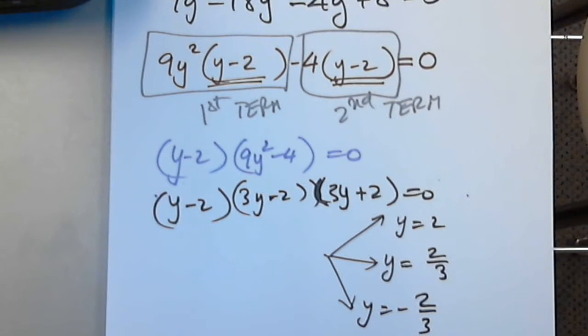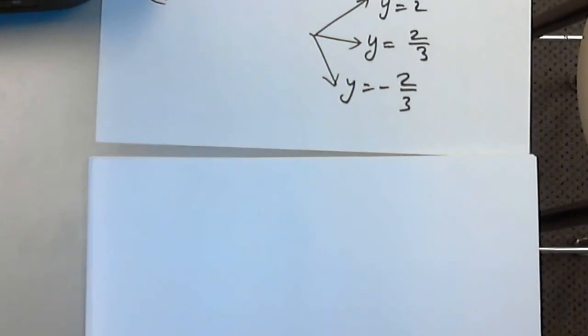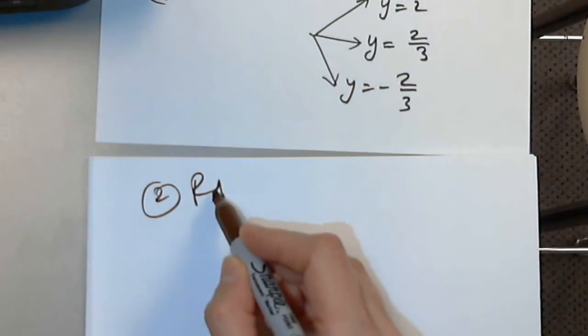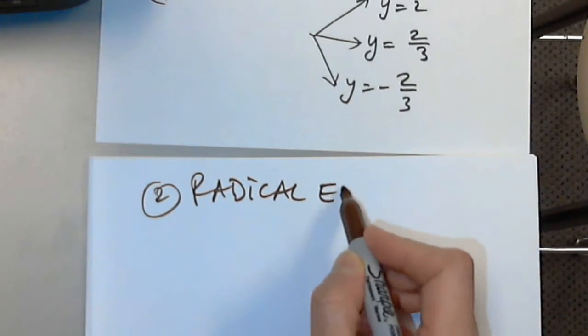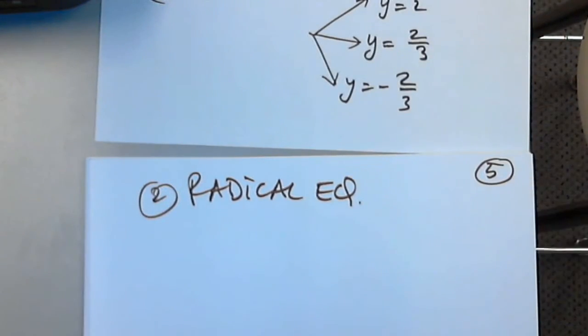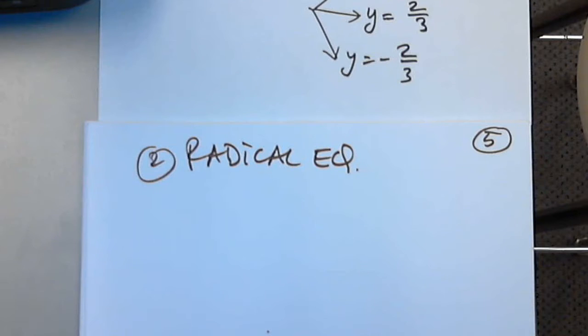So these are polynomial equations. Let's discuss radical equations. Number 2. Radical equations. I'm on the same page.